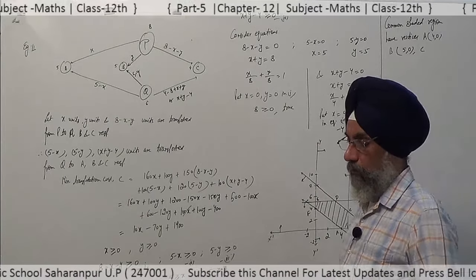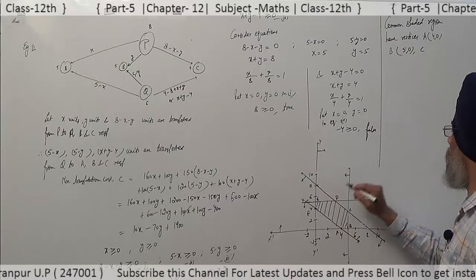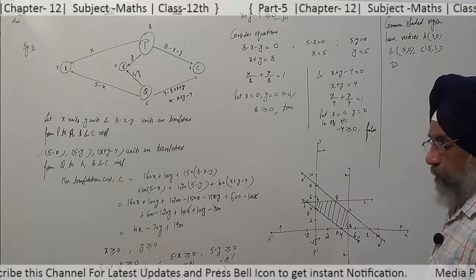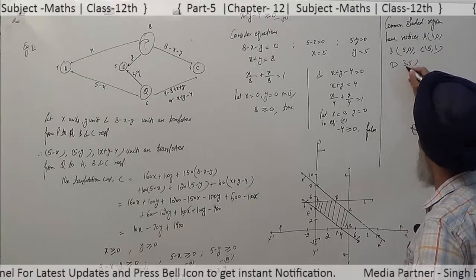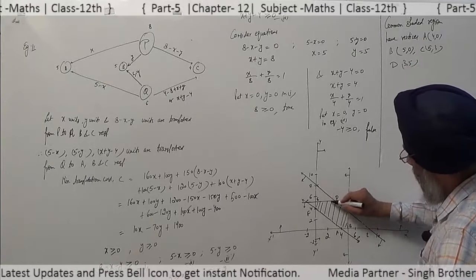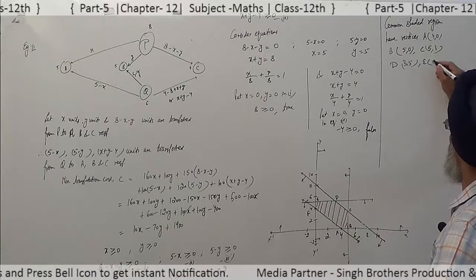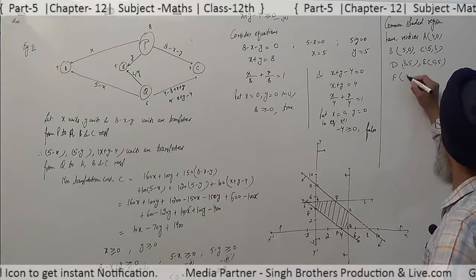C becomes 5, and on the graph you can check it is 3. Then D is 3, 5, x 3 and y 5. At E it is 0, 5 and at F it is 0, 4.